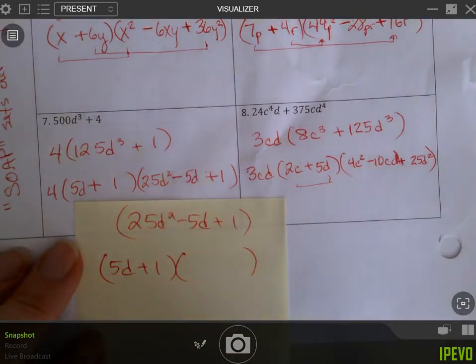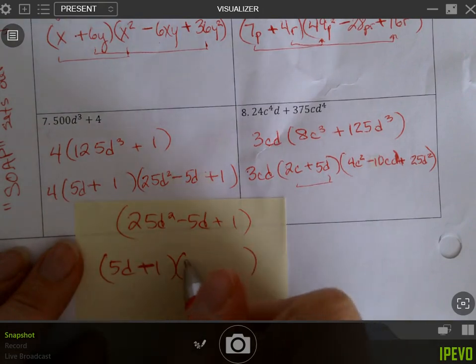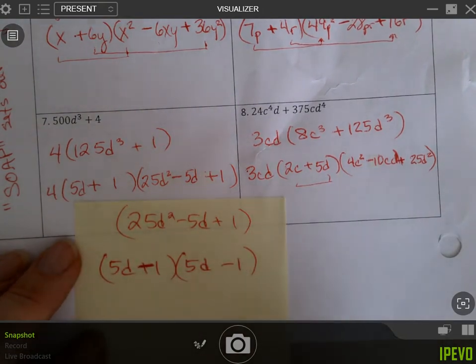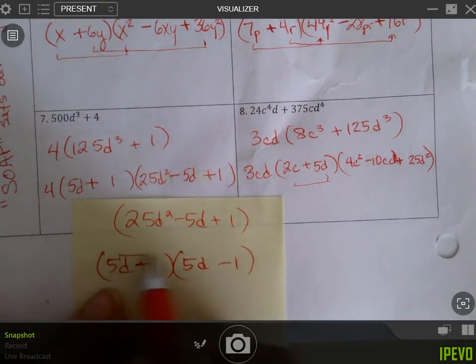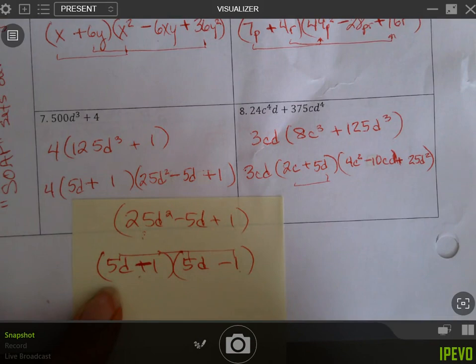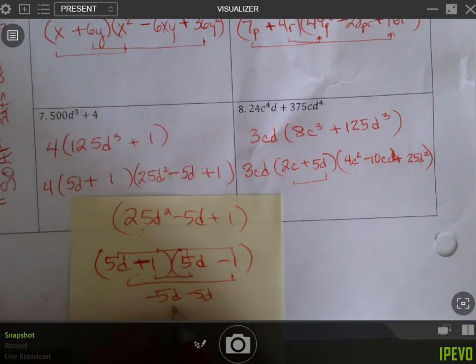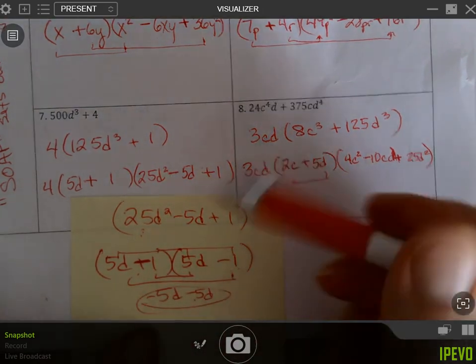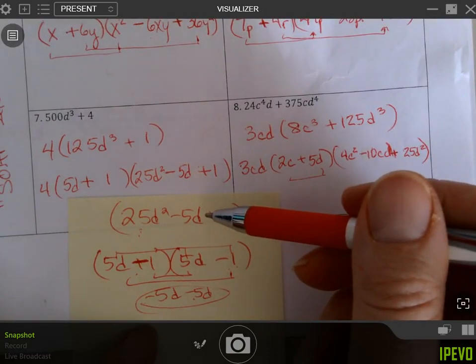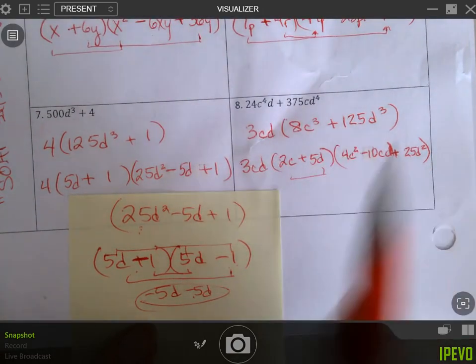Oh, no, actually it'd be minus 1. And it'd be 5D minus 1. Do we agree that 5D times 5D is 25D squared? Do we agree that negative 1 times negative 1 is positive 1? When I do the outside, I get negative 5D, but when I do the inside, I get negative 5D. This is negative 10. What do I have? Negative 5.